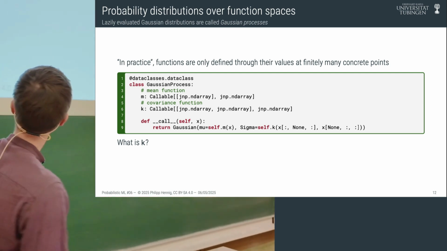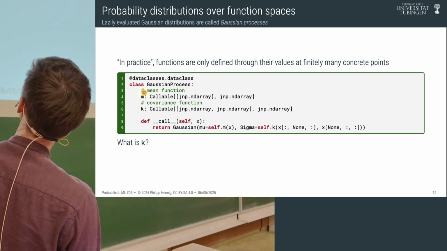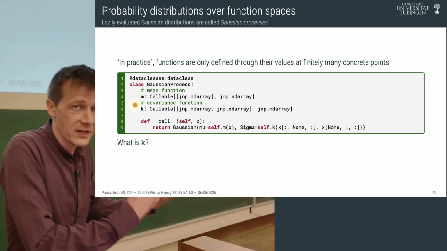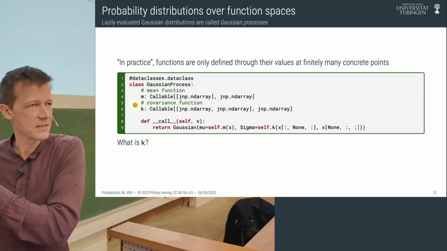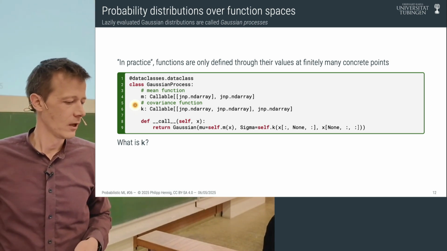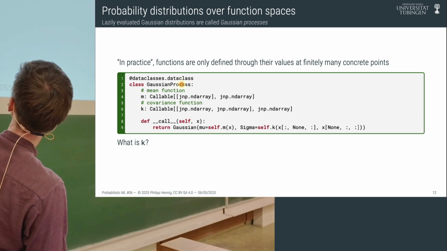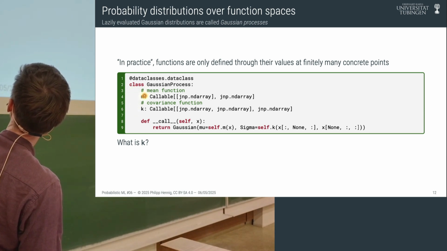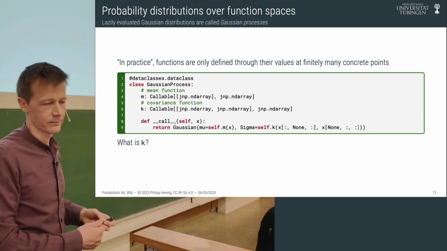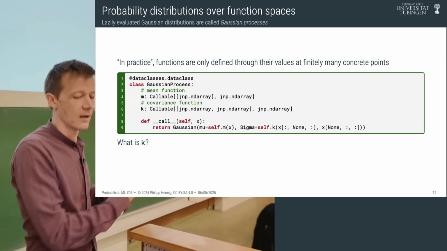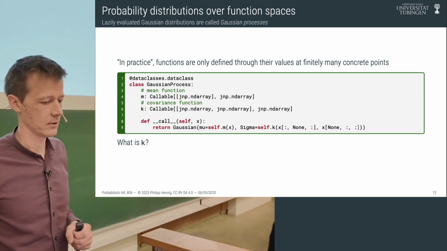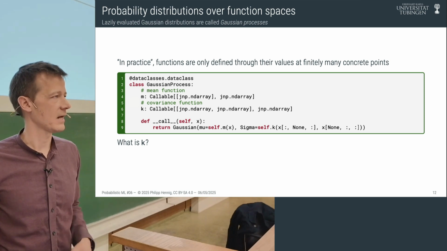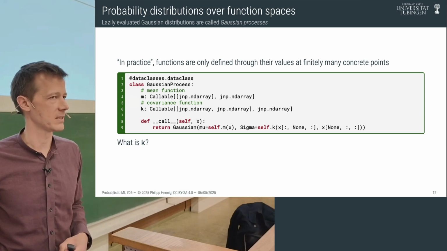What we've done so far is a more specific version of this abstract design pattern, which is called a Gaussian process. It's a class that has a mean function and a covariance function, which only get instantiated when you decide that you want them to be instantiated.